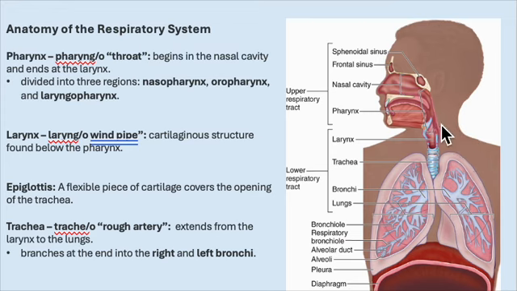It's this blue flap here, and it's an important structure in preventing food and liquids from entering the trachea. When you swallow, the epiglottis covers the trachea or the airway here. That prevents the food or the water that you're swallowing from entering your airway.